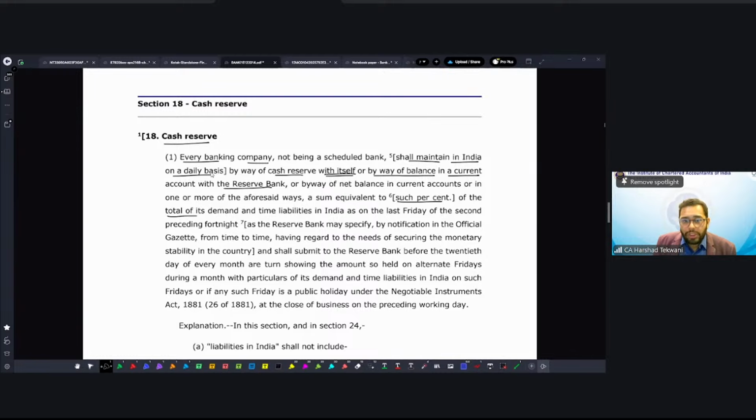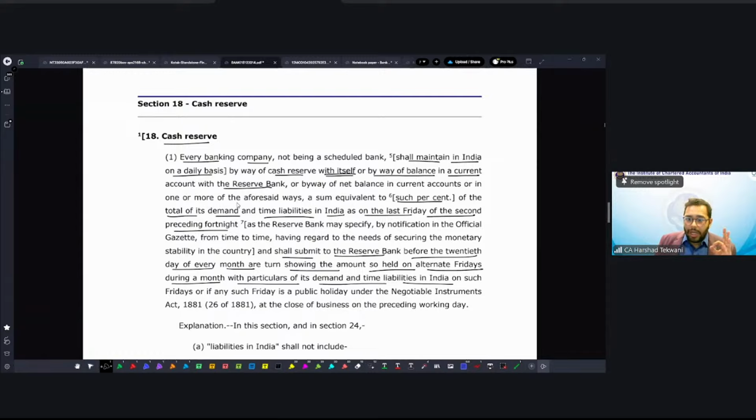Of its total demand and time liabilities in India as on the last Friday of the second preceding fortnight, as RBI may specify by notification from time to time. It shall submit to the Reserve Bank before the 20th day of every month a return showing the amount so held on alternate Fridays during the month, with particulars of its demand and time liabilities.